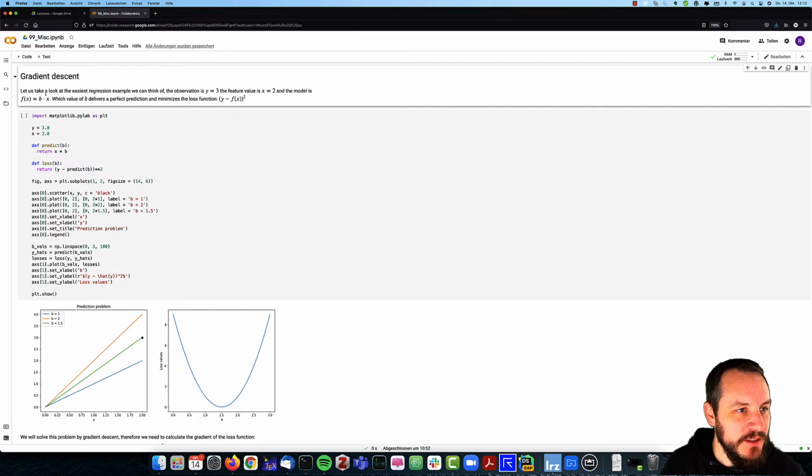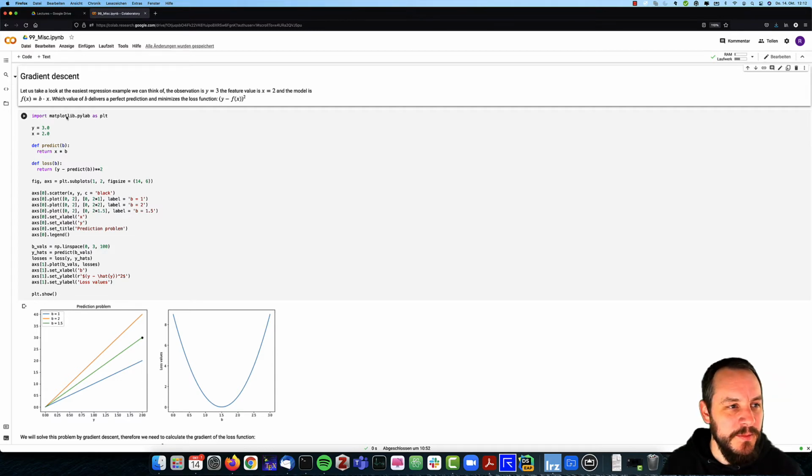We go back to the situation where we have a very simple regression type problem. We have a data set that really consists only of one observation with one true realization of the target variable and one corresponding value of the feature variable. So we have a single feature variable here.